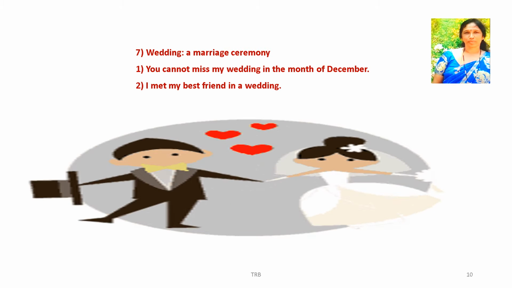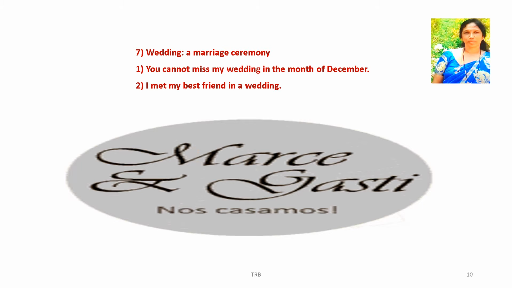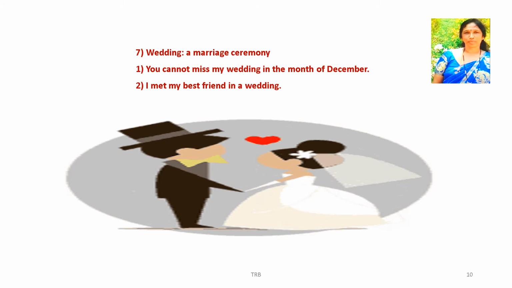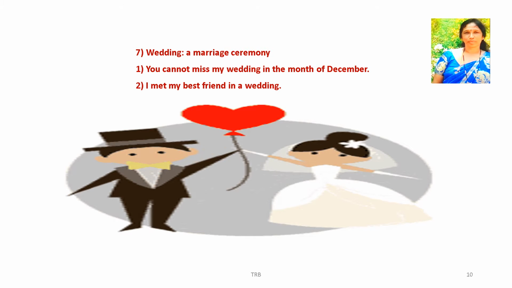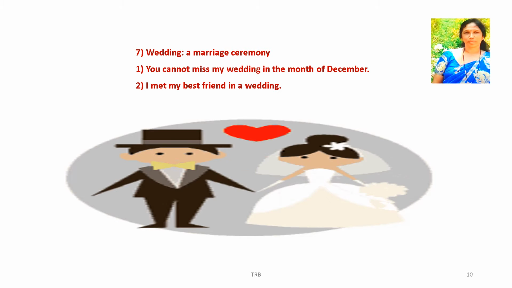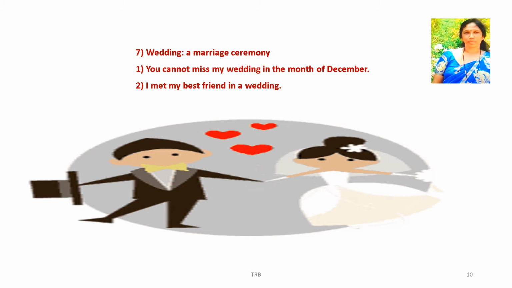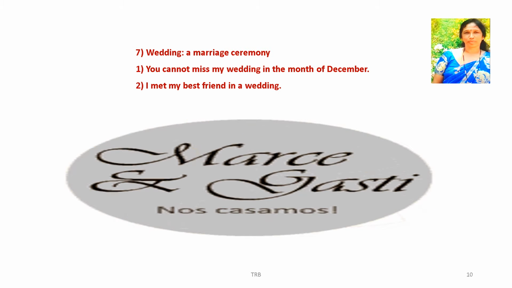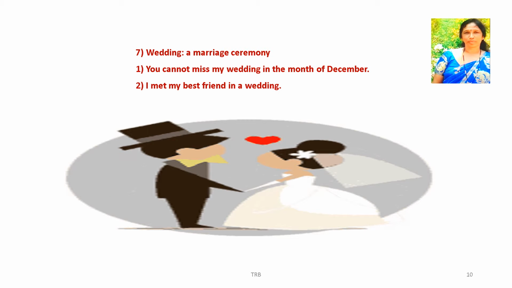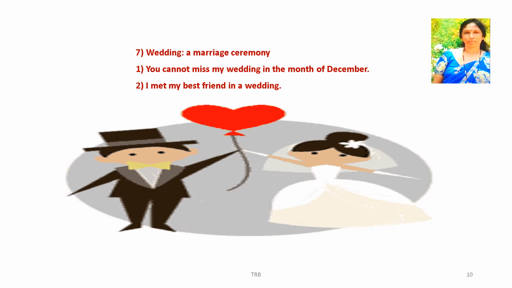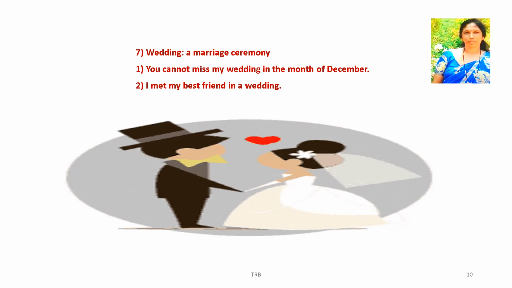Wedding. Wedding means a marriage ceremony. You cannot miss my wedding in the month of December. Wedding means a marriage ceremony where all your relatives and friends will come and you will have a very nice talk and be very happy there.